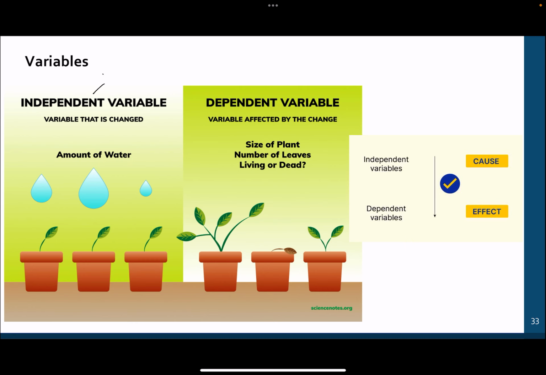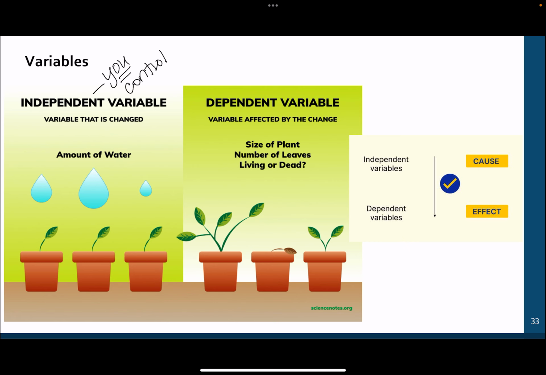So this is the condition that you are going to change. In a previous video, I talked about the question, what causes leaves to fall in autumn? And the hypothesis was that shorter days cause those leaves to fall. Now, in this case, those shorter days are going to be the independent variable.